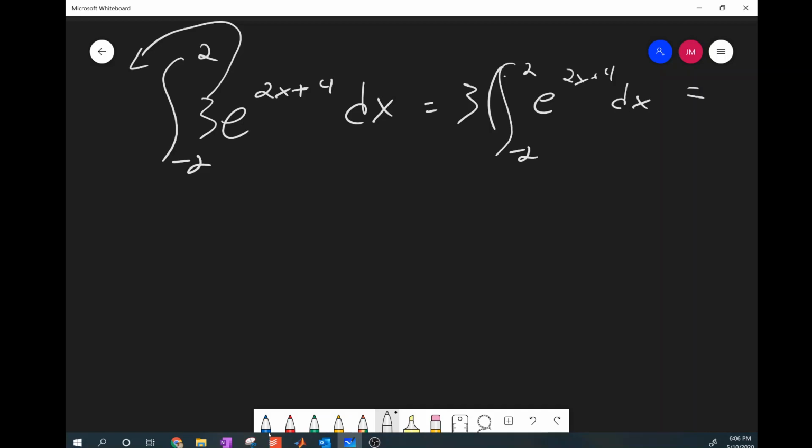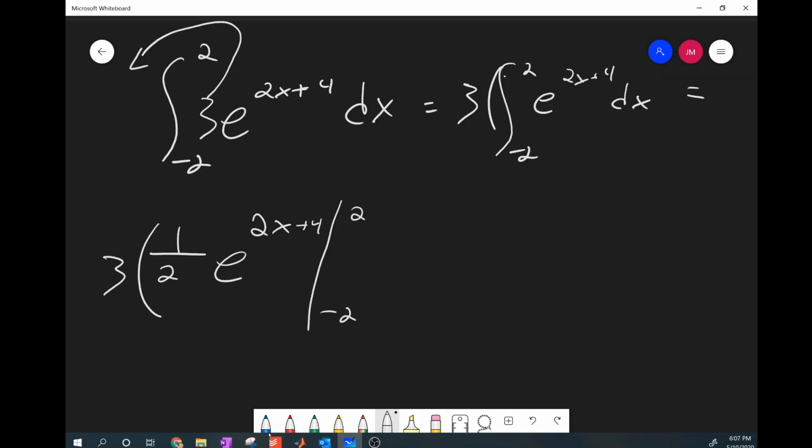If we do the antiderivative, it's still going to be 1 over the derivative of the exponent. The derivative of 2x plus 4 is just 2. Now we leave my exponent alone. And then I run that from negative 2 to 2. I dropped my plus c. I think you guys have seen plenty here now of the plus c's just kind of going away.